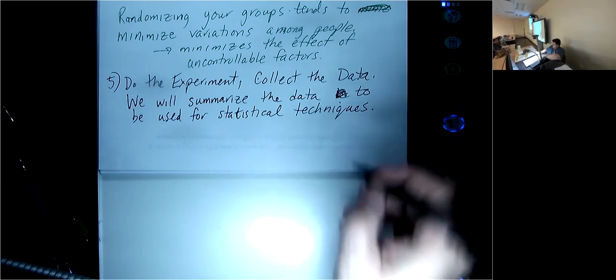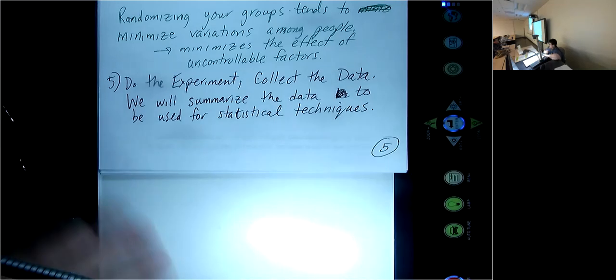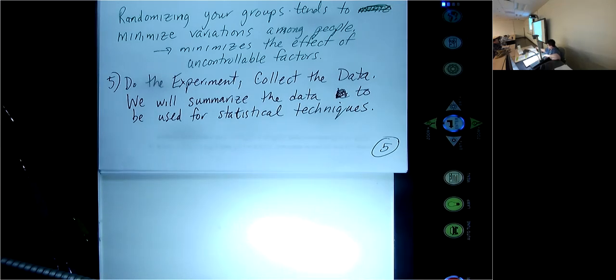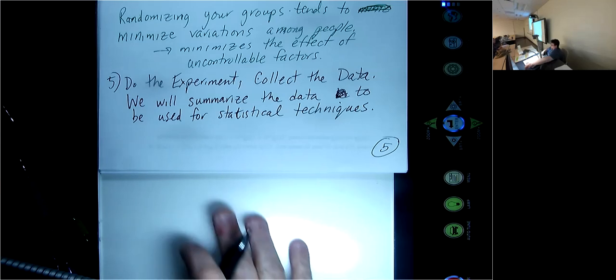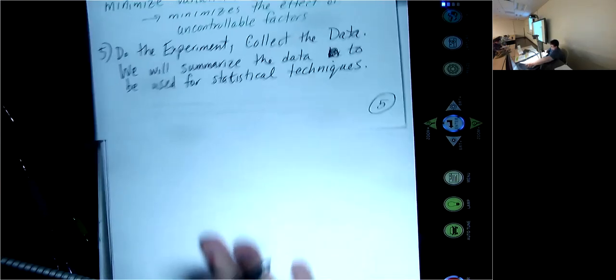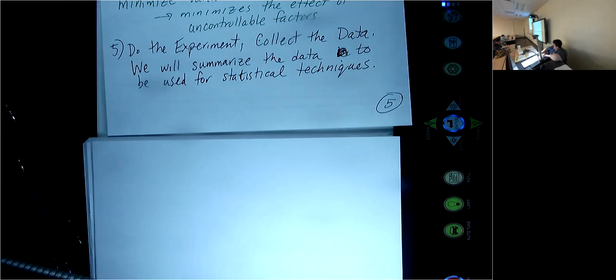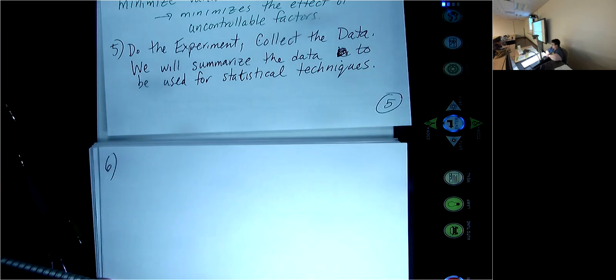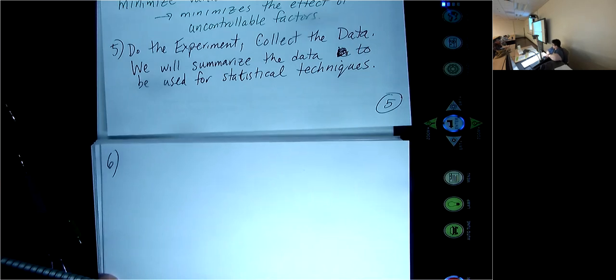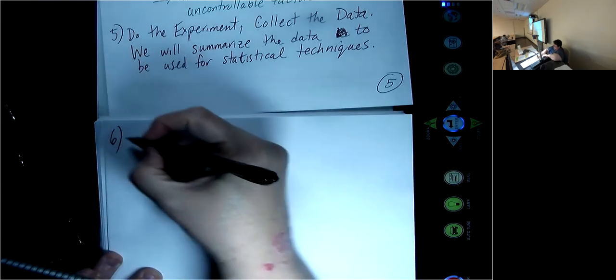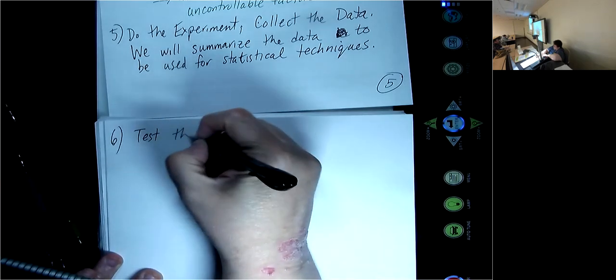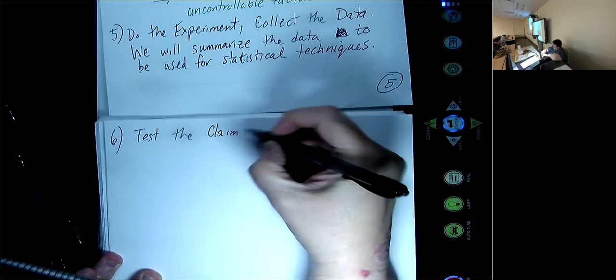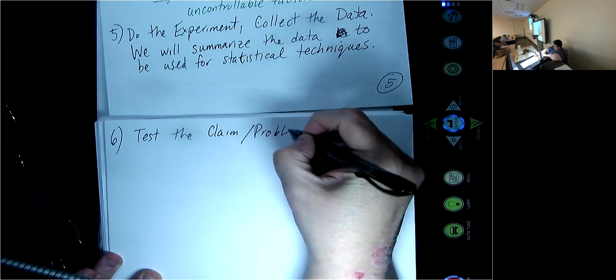Last page. You guys ready for more? Finally, F or 6. I went from letters in my notebook to numbers on this page. Test the claim or problem or question from part 1.